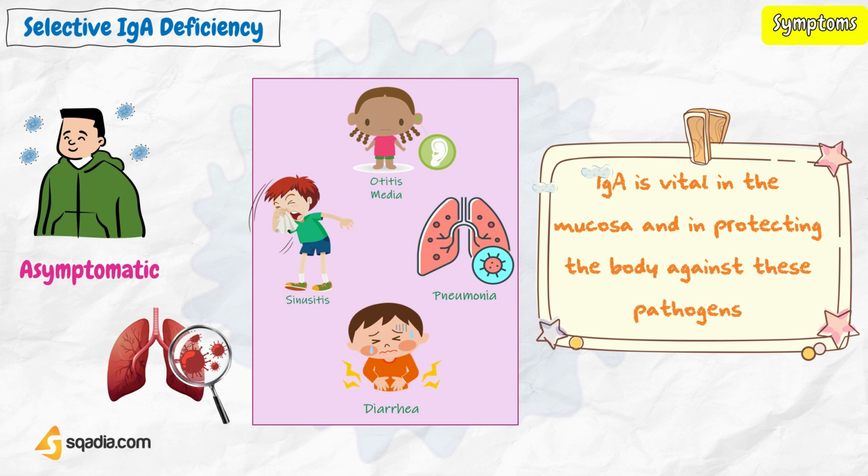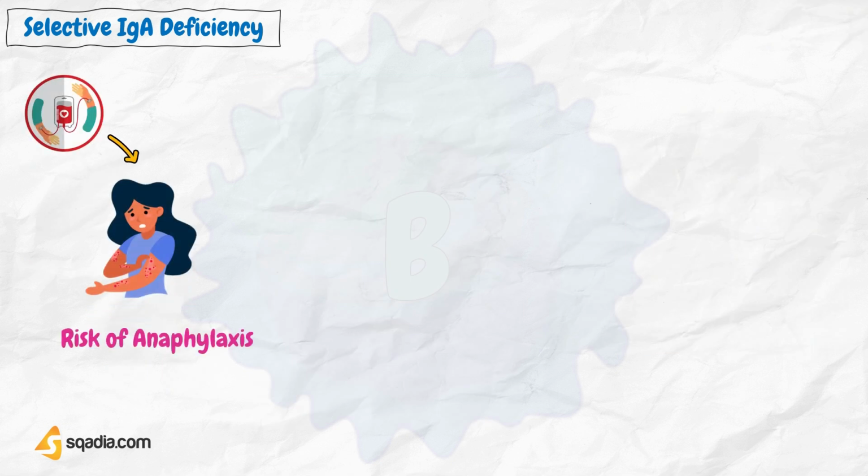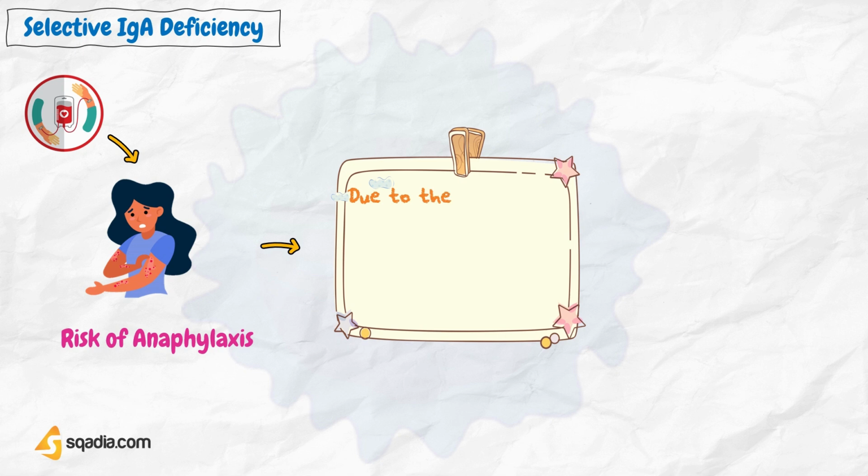In selective IgA deficiency, there is a risk of anaphylaxis with people receiving blood transfusions. This is because the blood products that they are receiving contain IgA. However, due to the lack of IgA in the body, they produce antibodies against IgA.